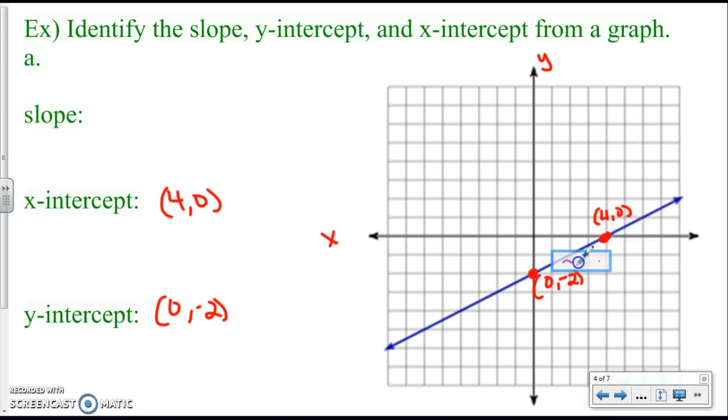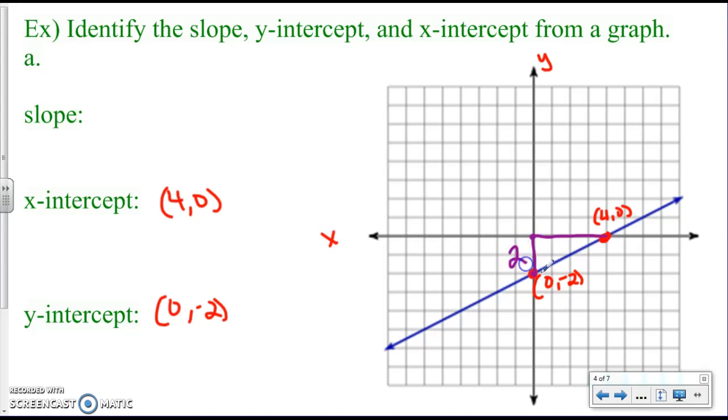To find our slope, I'm going to use those 2 points just because I already have them there. And I'm going to count how many do I go up and how many do I go over to get to the next point on the line. Okay, so if you look at this, starting here, I'm going to count. I'm going to go 1, 2.